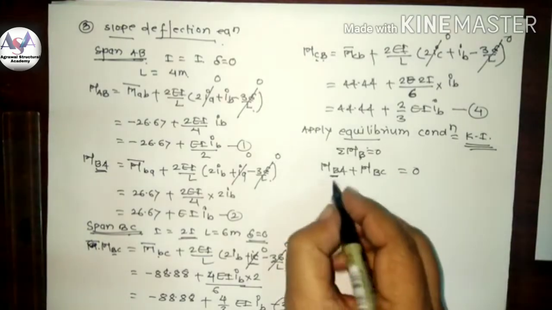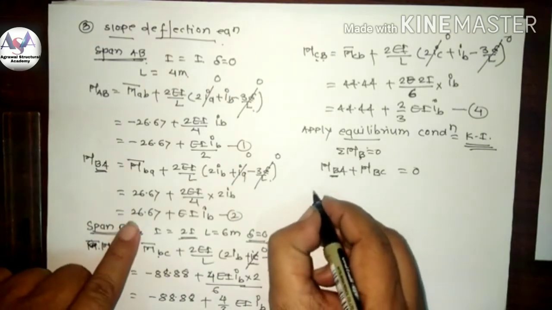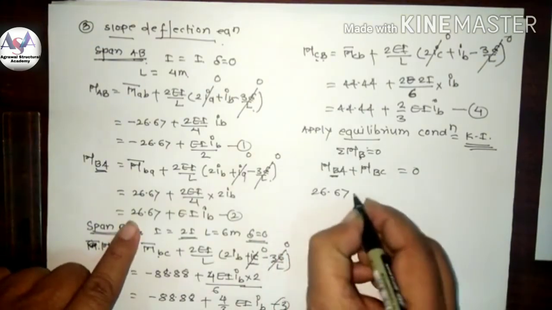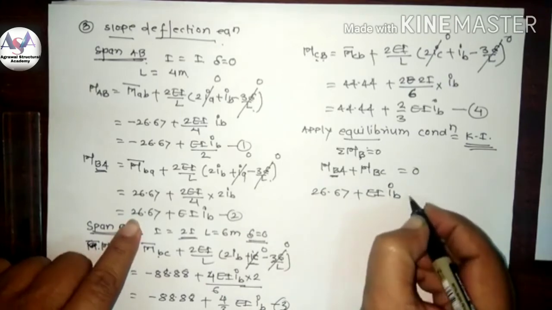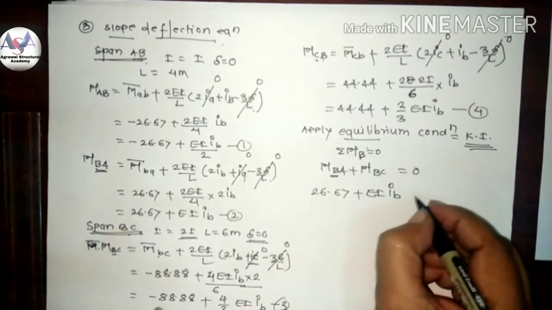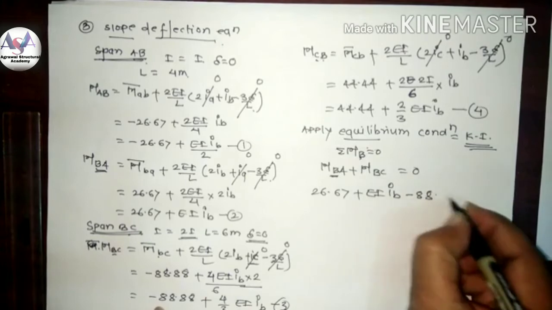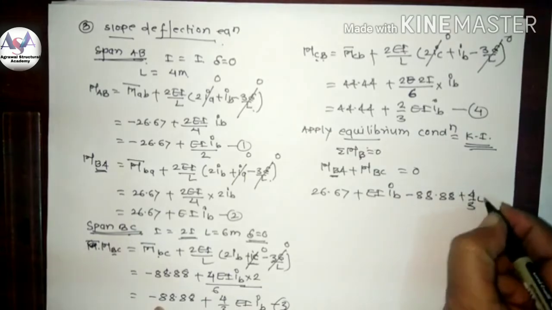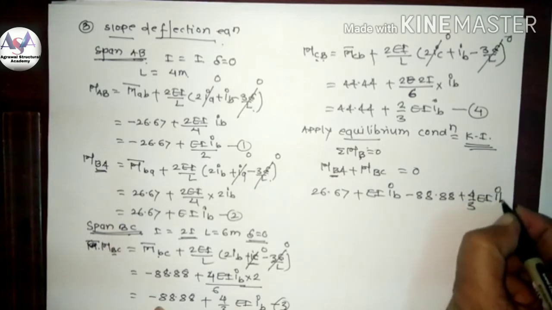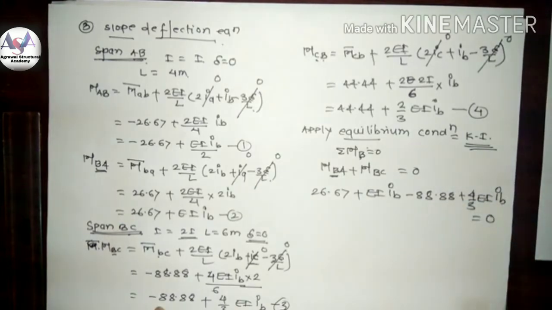Then here put MBA is 26.67 plus EIθB, and the MBC is minus 88.88 plus 4 by 3 EIθB, all is equal to 0.